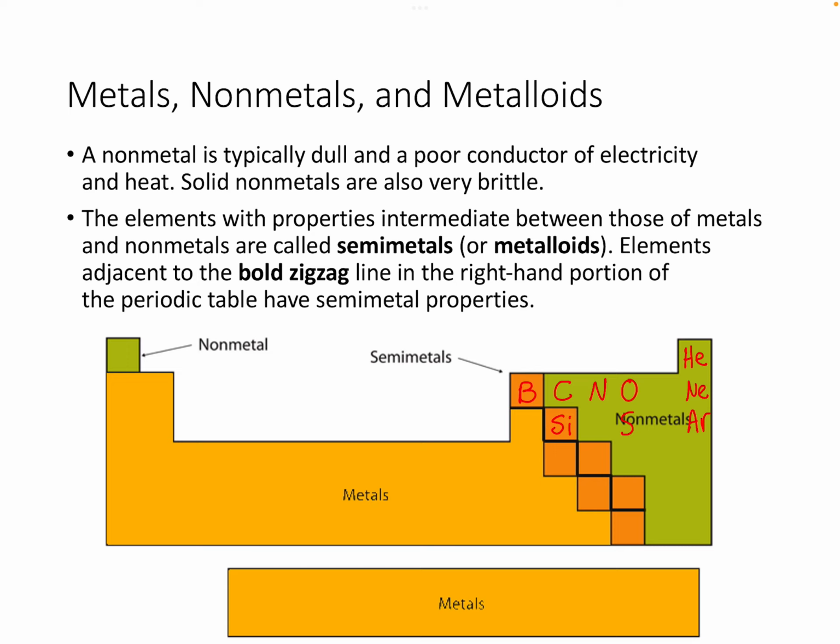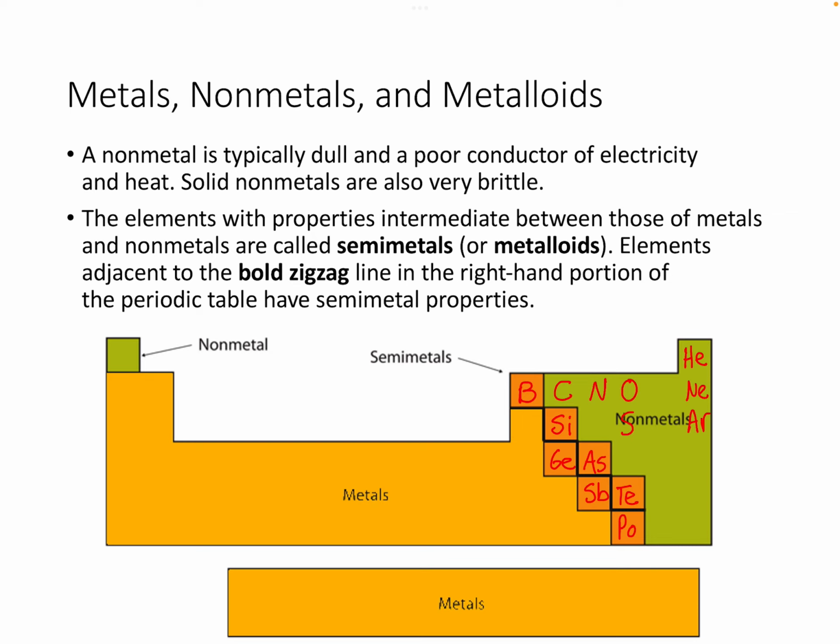Although they have found other things that they can use in computer chips as well. Below silicon is germanium, and then we have arsenic next to that, which is poisonous. It's toxic, right? Below that, we have antimony, which has the symbol Sb. Next to that is tellurium, and underneath that is polonium. So those are the semi-metals.